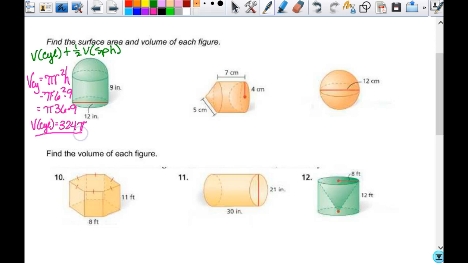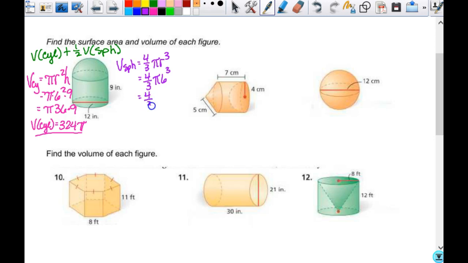All right, so then I need to find the volume of the sphere, and that is 4/3 pi r cubed. So that's 4/3 pi times 6 cubed.